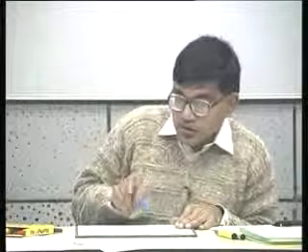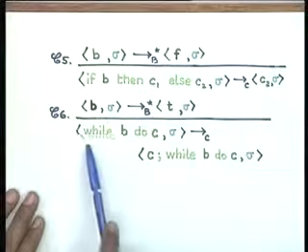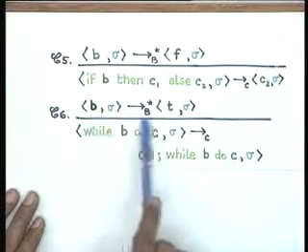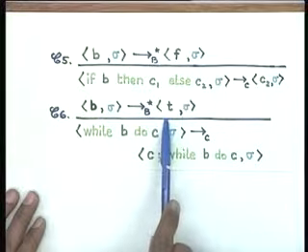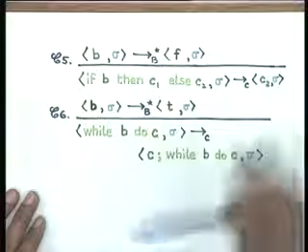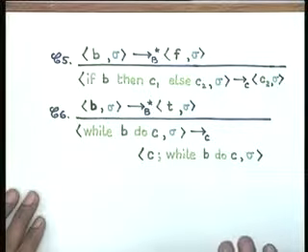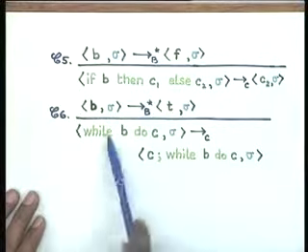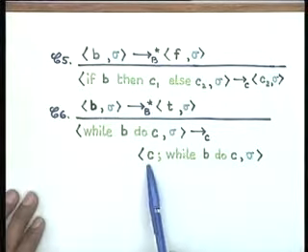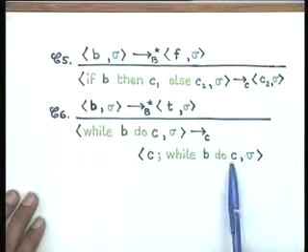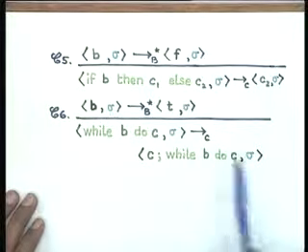So what happens is that having evaluated B and having got a truth value T, the program that you have left to execute is more complex than the program you started out with, because you have to execute the body C and execute while B do C again, right?